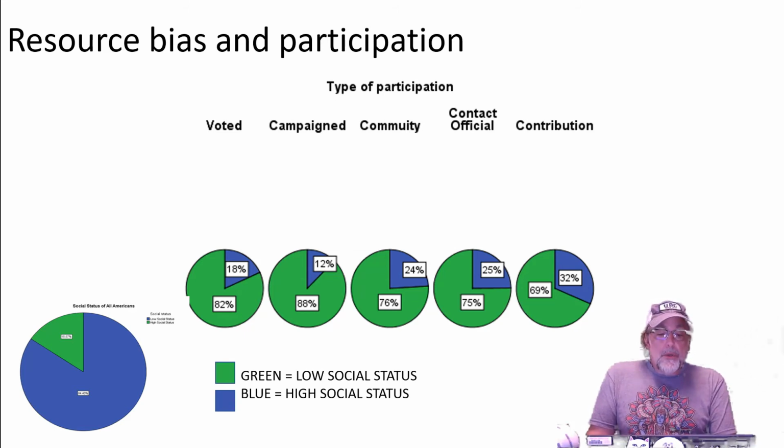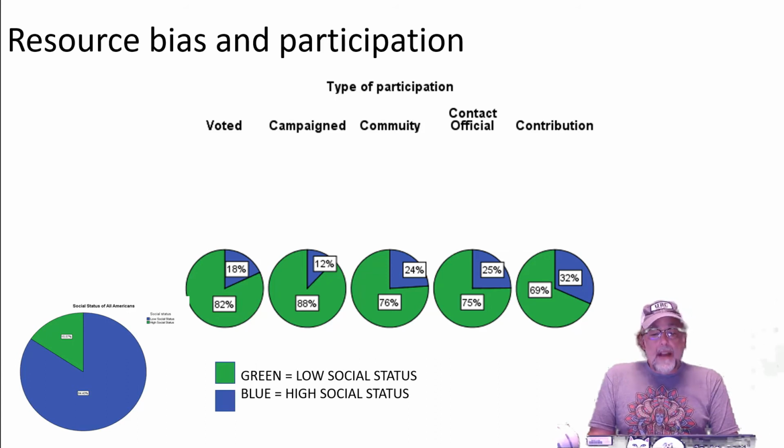When it comes to community meetings, even though high social status people make up only 15% of the population, they are 24% of the people who attended community meetings. What this suggests is that community meetings are not representative of the entire population. Likewise, for contacting an elected official, about the same level of bias.